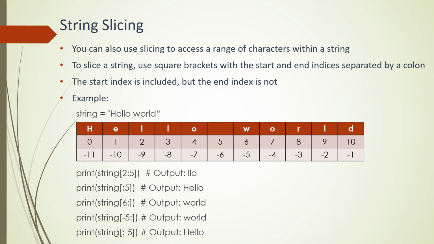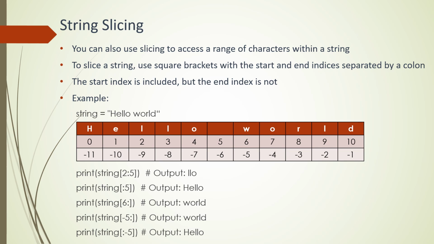You can also use negative indices to slice a string from the end. For example, if you want to print the last 5 characters, set the start index to -5 and the end index to blank. The output will be world.